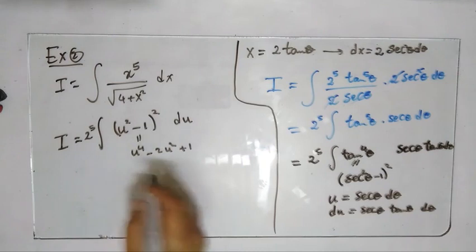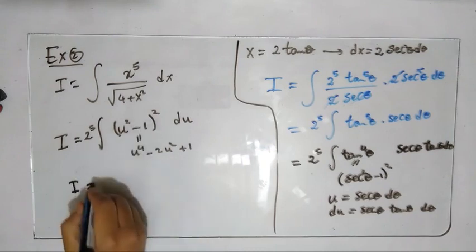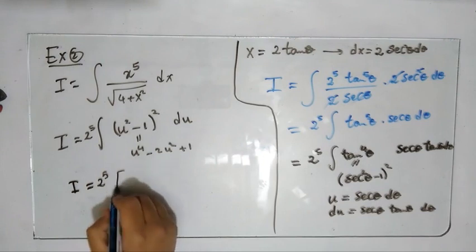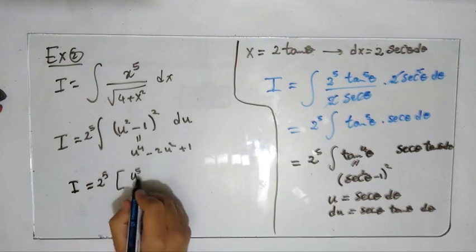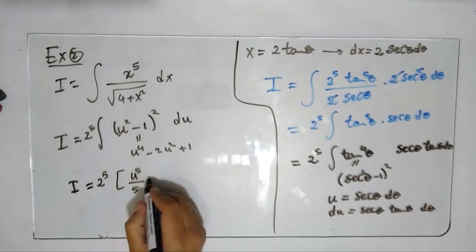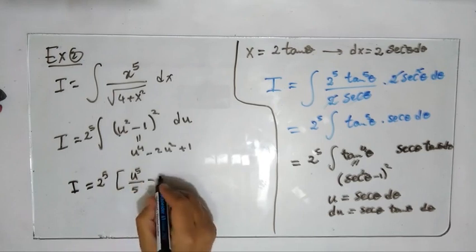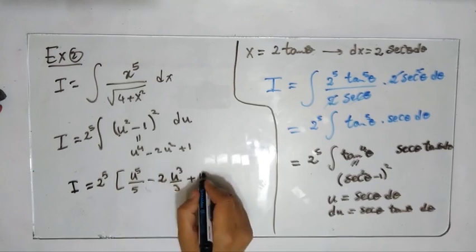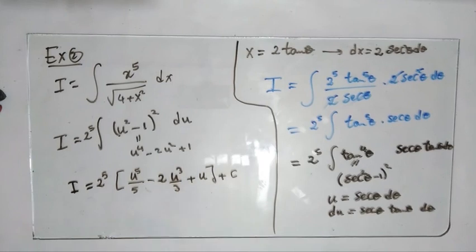So I equals 2 to the power 5 times the integration, which is u to the power 5 over 5 minus 2u cubed over 3 plus u, all this plus c.